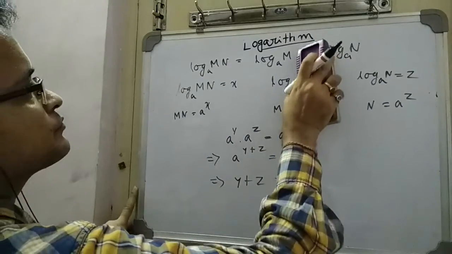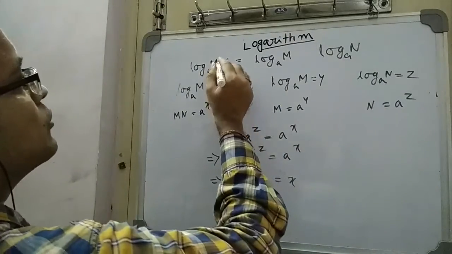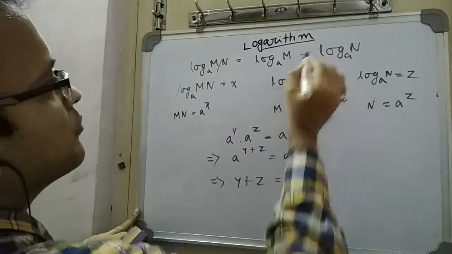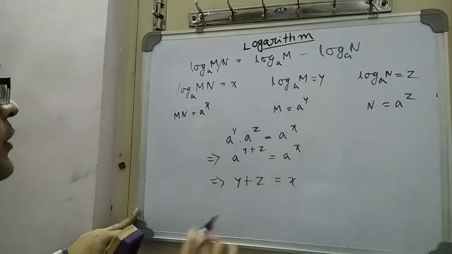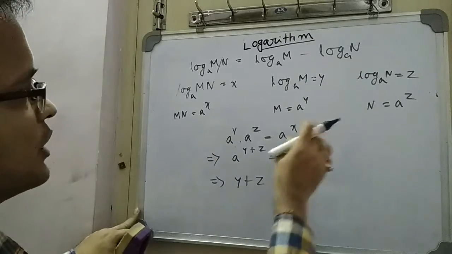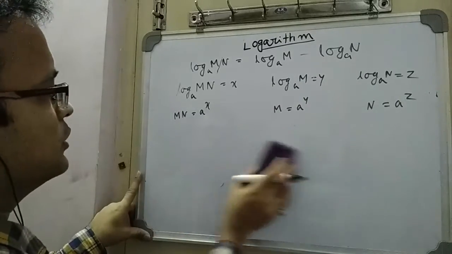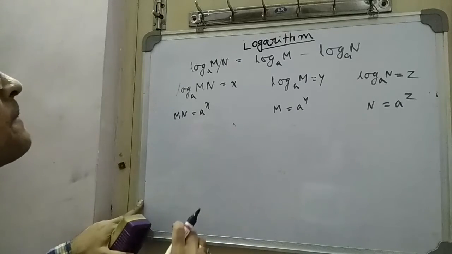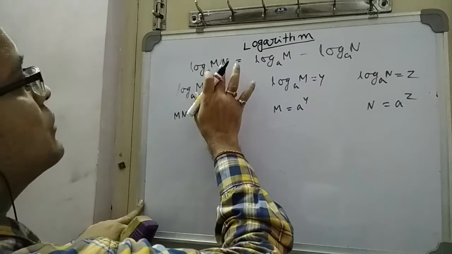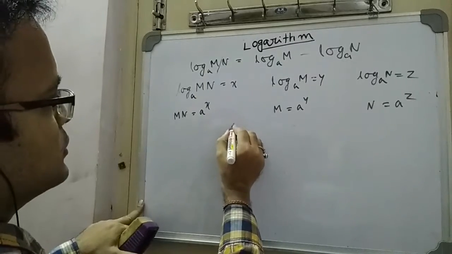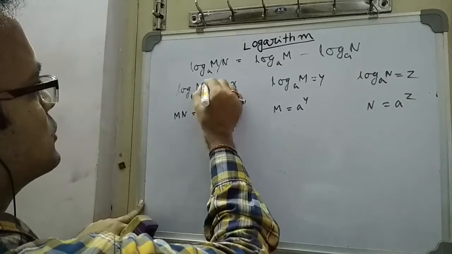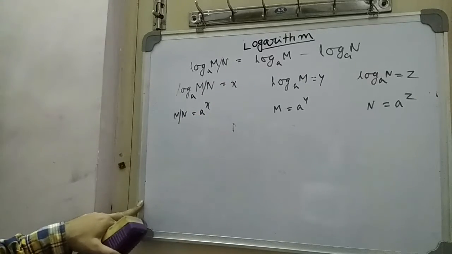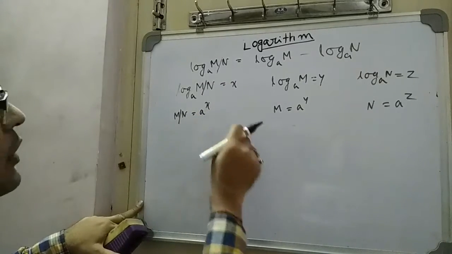So it is proved. If you want to prove log m by n equals log m minus log n, use the same thing. Here for m by n, I will assume m by n equal to a to the power x, simple.